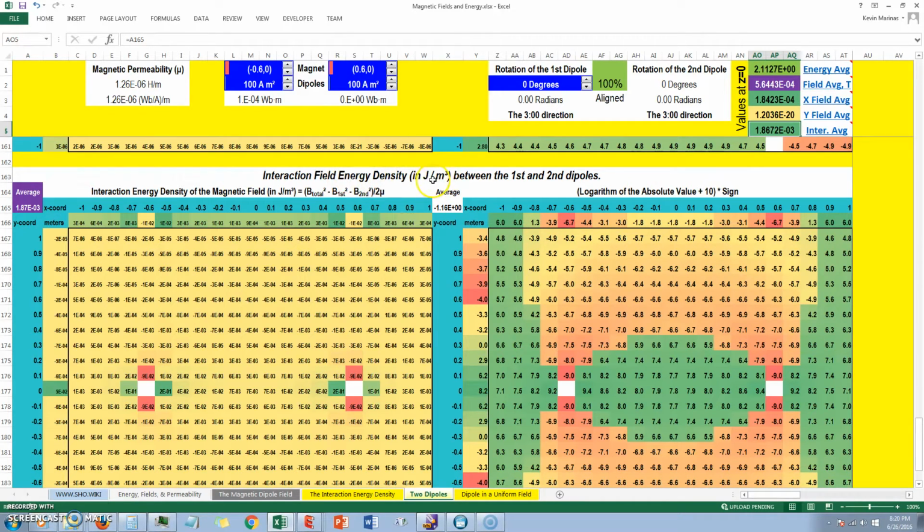And this is in joule per cubic meter. Okay? Now, this is calculated based upon the square of the total magnetic field minus the square of the first dipole's magnetic field minus the square of the second dipole's magnetic field. That is in turn divided by twice the magnetic permeability to give me the interaction energy density of the magnetic field, as shown in this equation.